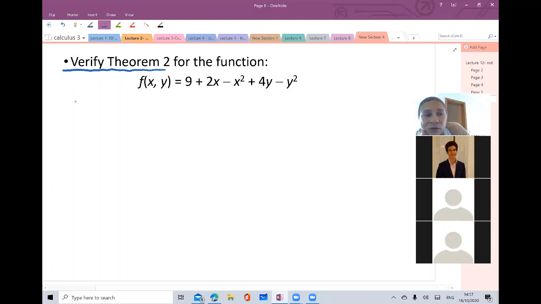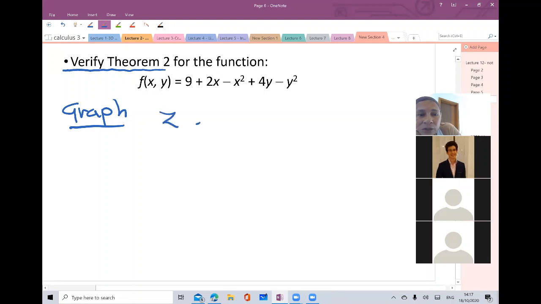Let's first of all graph the function to verify the theorem and find our maximum. When I do graphing, I rewrite my equation, simplify, and do completing the square. I'll end up with 14 minus (x minus 1) squared minus (y minus 2) squared.